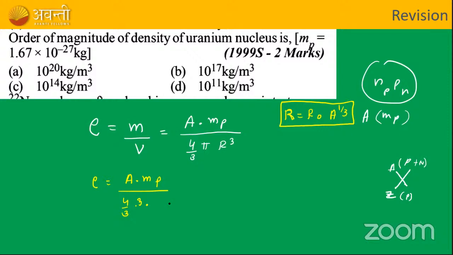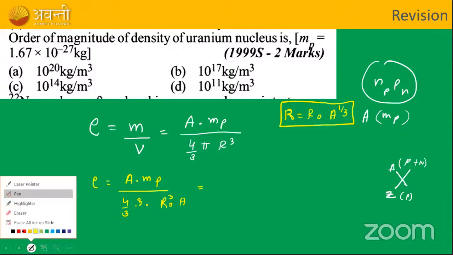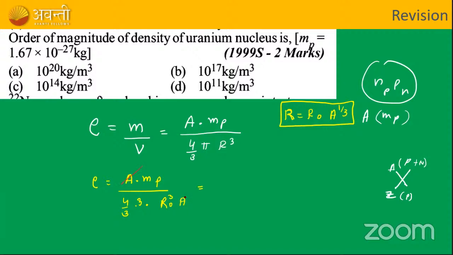Radius is r naught A to the power of 1 by 3 whole cube. So I have to cube this here. So cube of r naught becomes r naught cube, and the cube and cube root of A becomes just A. So this is how the formula modifies itself. This is how we get a modified formula. And you can notice, students, A and A get cancelled out, and all you need to do is a substitution now.